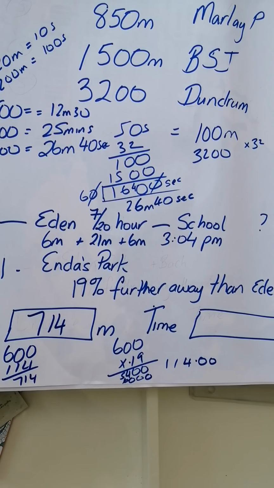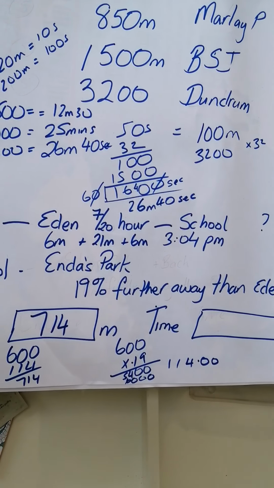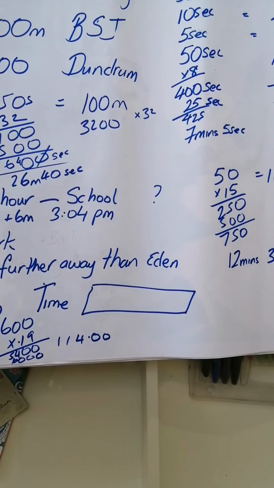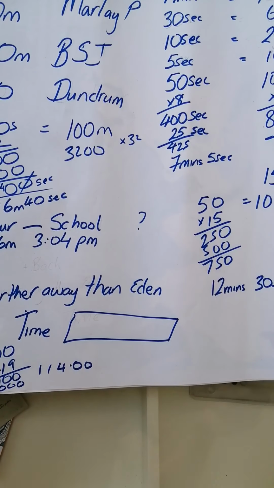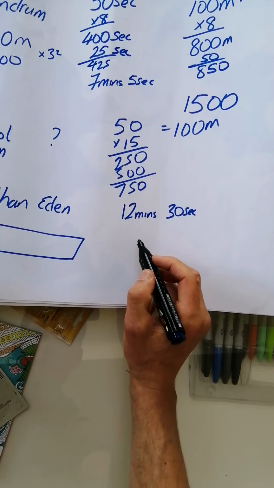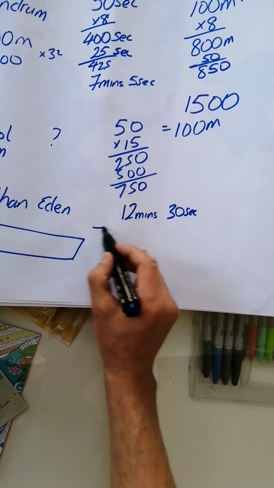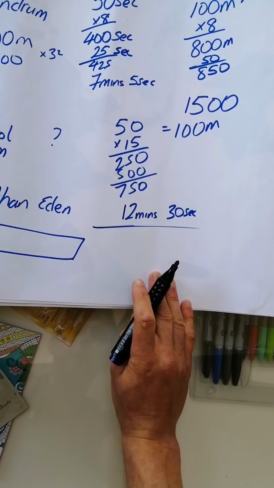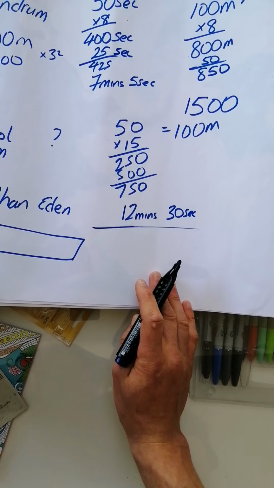And the time. Okay, this is going to be tricky. So the time is 5 minutes. What is 19% of 5 minutes? How do I do that? Whenever you're using decimals, that kind of stuff, I like to turn it into seconds or into minutes.